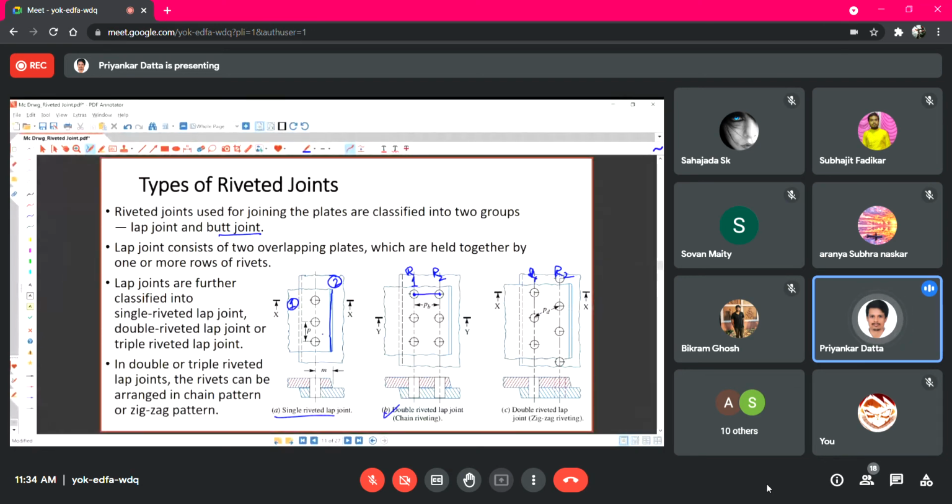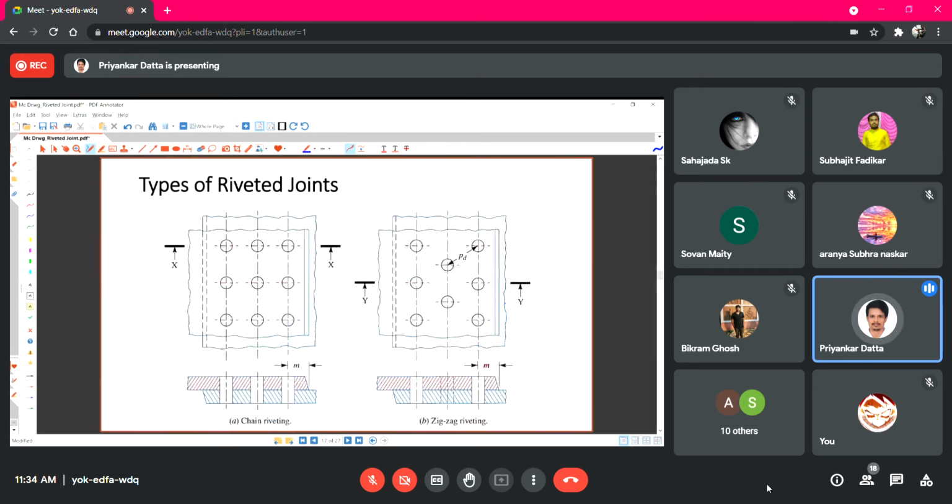Now here you must have noticed some of the terminologies, this P, PB, PD, these are some terminologies associated with rivet description, riveted joint description. So I'll discuss them or show them in next slides. As I told, instead of 2 rows, 3 rows are also possible.